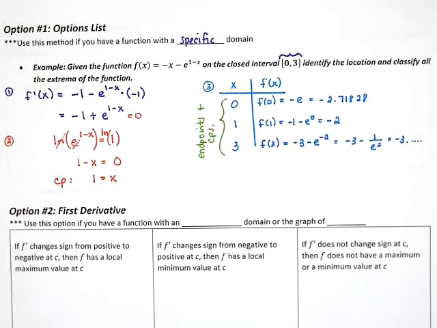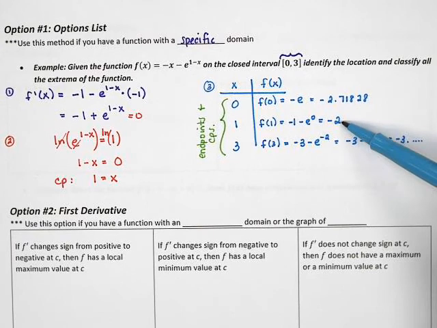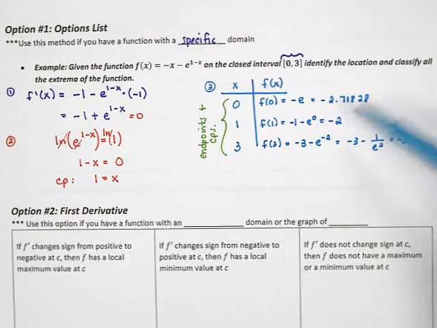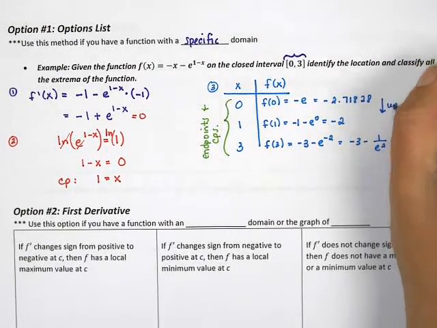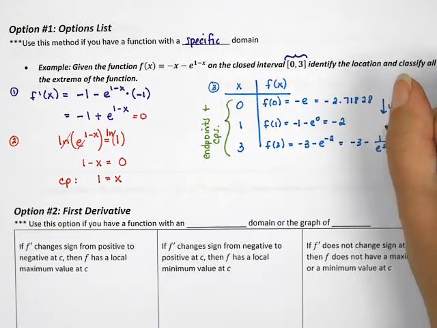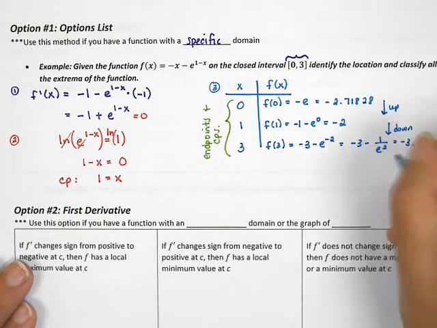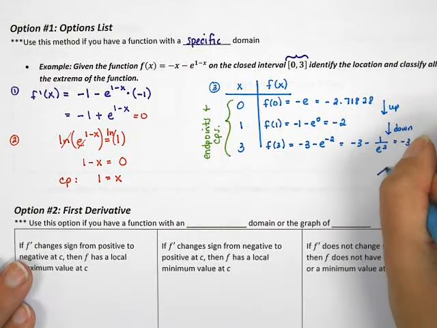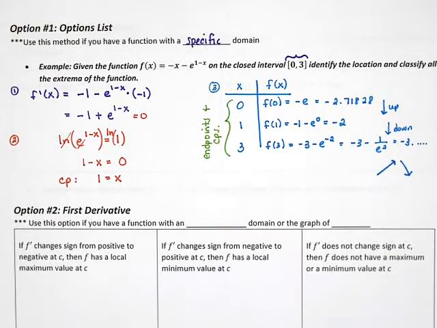So if I look at all of those y values, I notice that my y value starts off at -2.718. Then it becomes -2, which is bigger, so the y values go up. And then from -2 to -3, they go down again. So if you visualize that on a graph, it would look like this. The y values go up and then the y values go down.